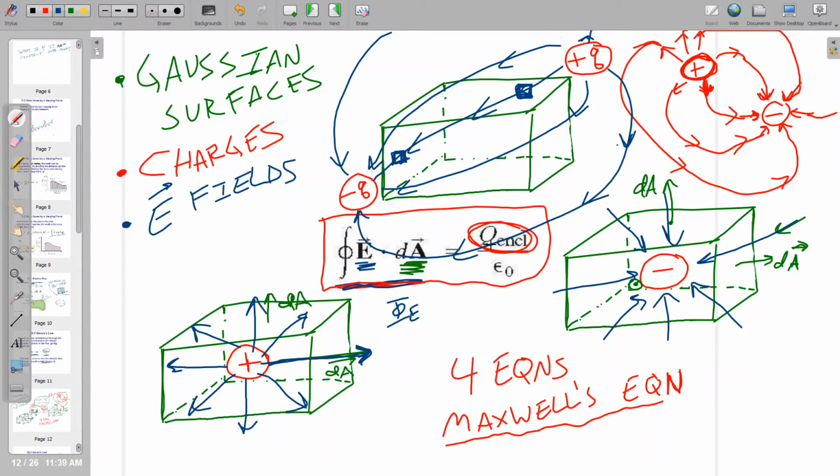What Gauss's law tells us is that the net electric flux due to these charges that are not enclosed within the box is 0. These tiny little elements will have non-zero electric flux contributions, but when I sum over the entire surface area, and it has to be a closed surface, remember that, then the net effect of charges outside of the surface is 0.